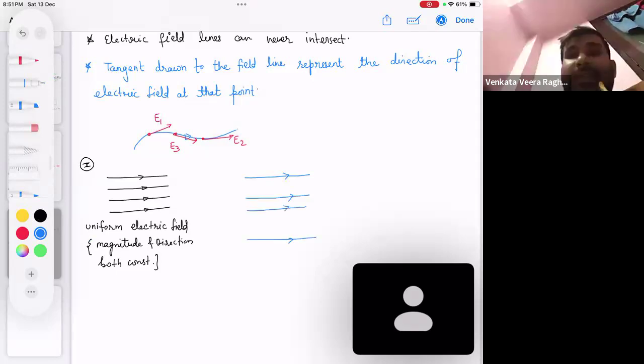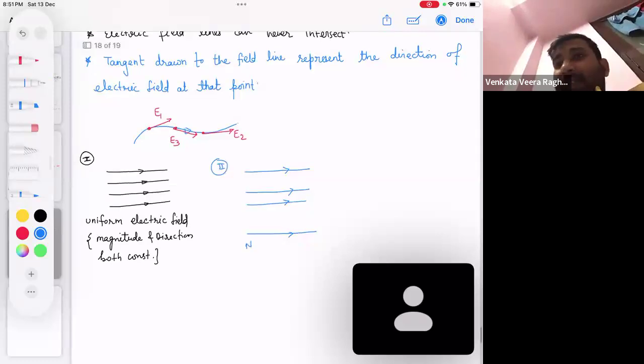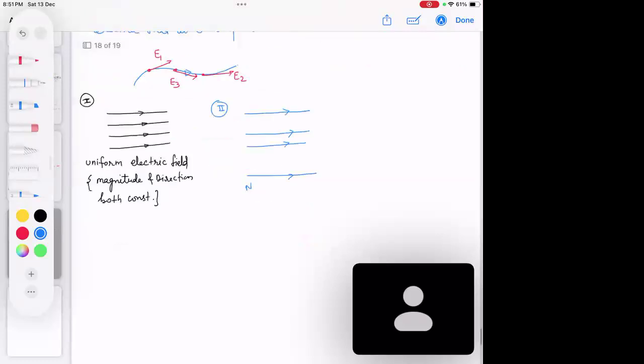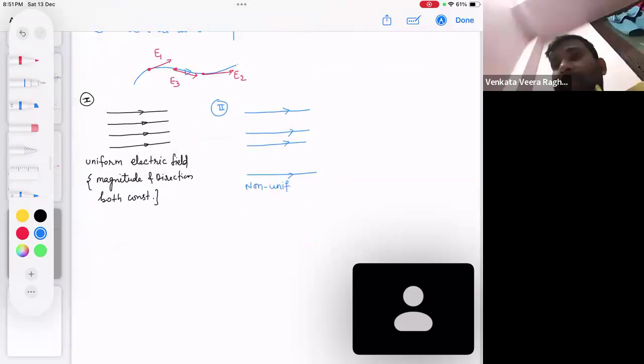Can you tell me what this is representing? Is it representing uniform or non-uniform field? Non-uniform. The second case represents uniform or non-uniform field? Non-uniform. Non-uniform electric field. Why has it become non-uniform? Due to magnitude or due to direction?